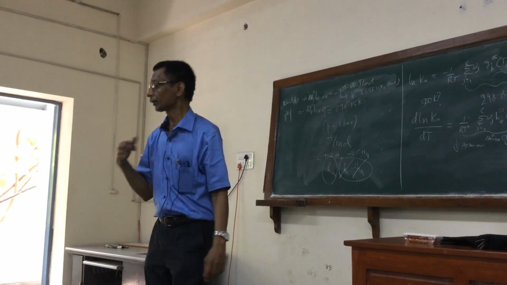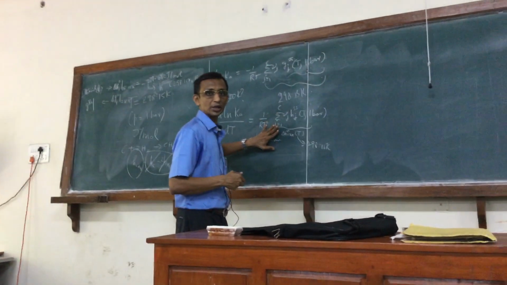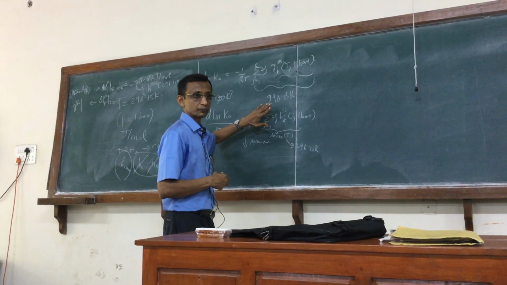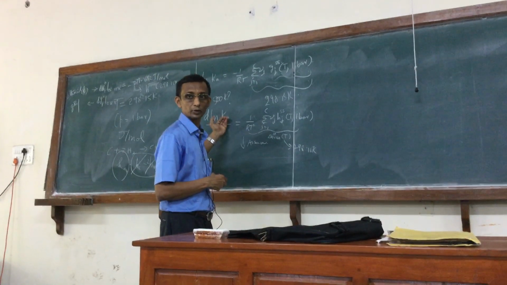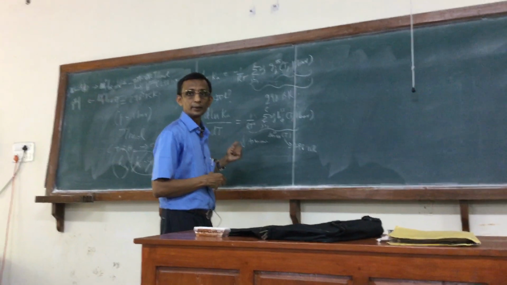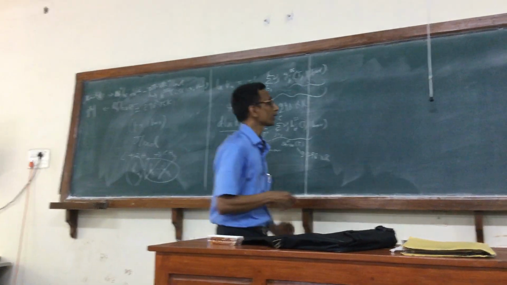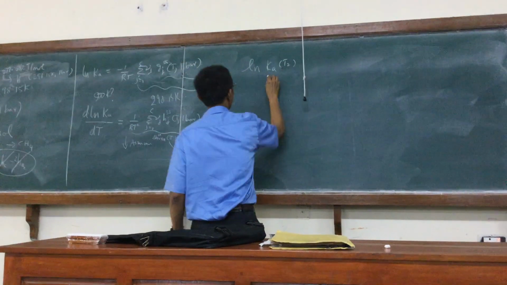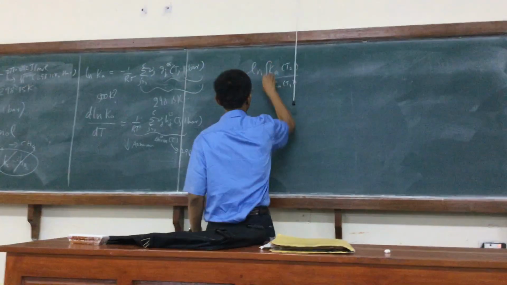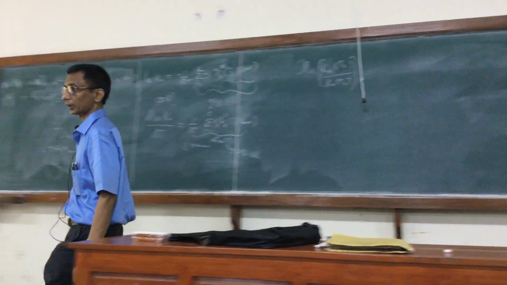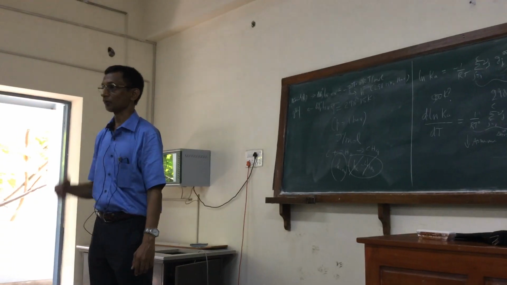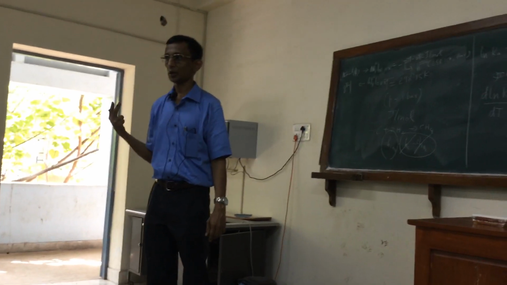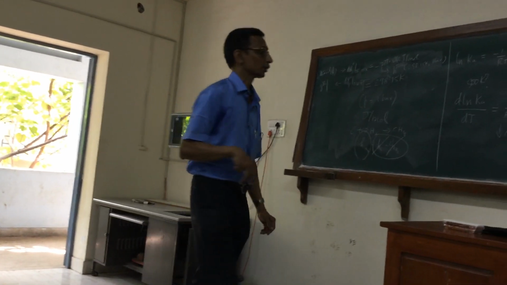If I assume that the standard enthalpy change of reaction does not vary much and can be regarded as a constant over the range of temperature from 298.15 to whatever temperature I want, then clearly I can integrate this and get the following, much like the Clausius-Clapeyron equation, which allows you to calculate the saturation pressure if we assume the enthalpy of vaporization to be constant. This is also something like a van 't Hoff equation.